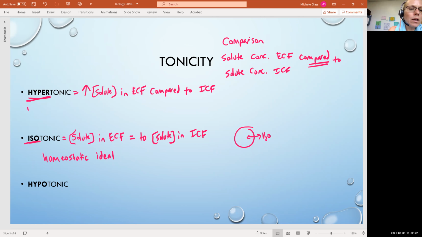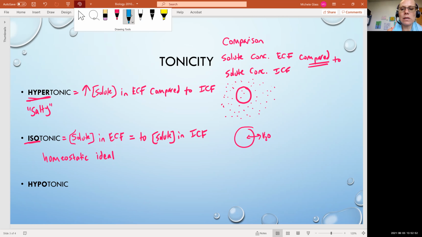If you want to, you can think about this as being salty. In this case, your cell has very few solutes. I'm drawing a circular cell, and then I have a bunch of dots on the outside representing my solute. And I have just like 3 dots on the inside representing the solute inside the cell.